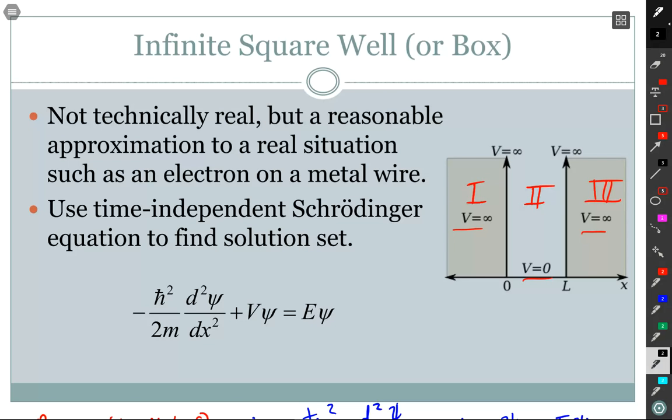Boundary conditions are the conditions that are imposed by my situation. So for a wave on a string, a guitar string, I had boundary conditions. At the ends of the string, what condition did I have? I had to have nodes. I had to have the amplitude be 0. Well, in the case of quantum mechanics, it actually is the same boundary condition.